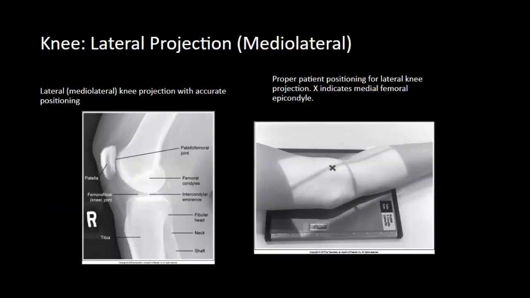Let's move on to our lateral knee projection. Image analysis guidelines for the lateral knee projection state that the patella should be situated proximal to the patellar surface of the femur. The patellofemoral joint should be demonstrated as open. The fibular head is a 1/2 inch distal to the tibial plateau.